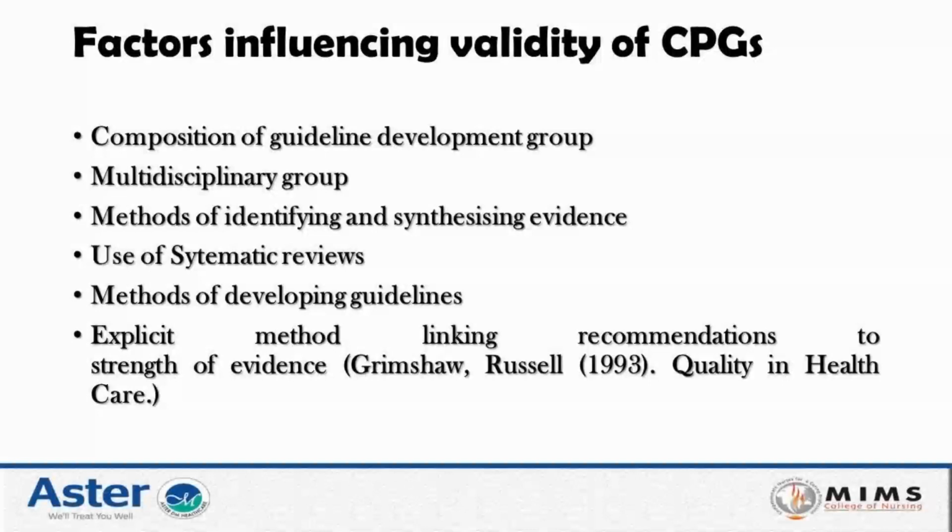And what are the search terms you will use for the systematic review? Then, how will we develop guidelines: whether it will be stepwise, whether it's according to procedures, whether it is a written document given to people, and so on.